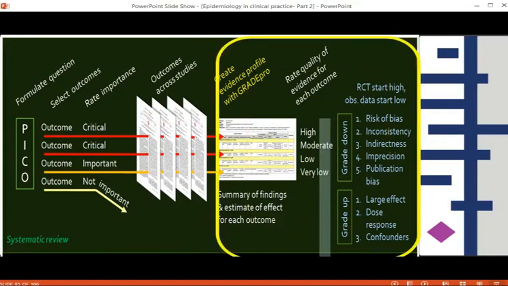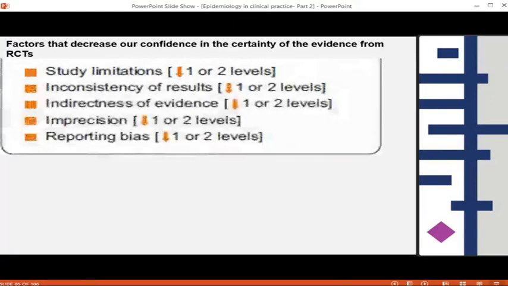For RCTs, they are considered high quality evidence, but if there is risk of bias, inconsistency, indirectness, imprecision, or publication bias, you might downgrade the evidence. So the factors that decrease our confidence in the certainty of evidence from RCTs and bring it down from high certainty by either one level or two levels are these factors which we just discussed.